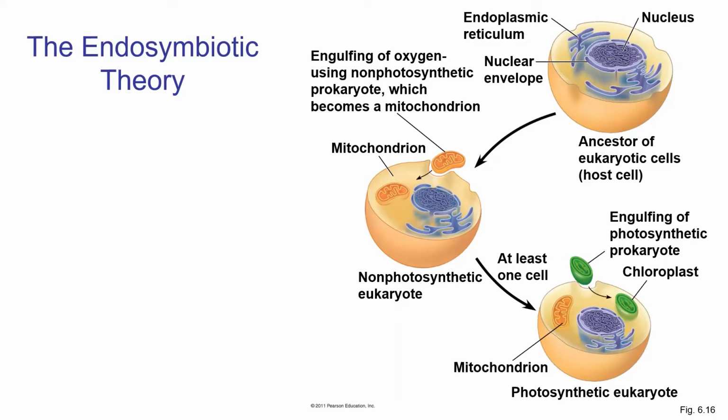Same thing with the chloroplasts, that they were some sort of cyanobacteria, brought in by endocytosis and learned to live with that cell. So it's not the perfect theory, but there is some decent evidence to suggest that something like this is true, or at least that this theory has some good merit.